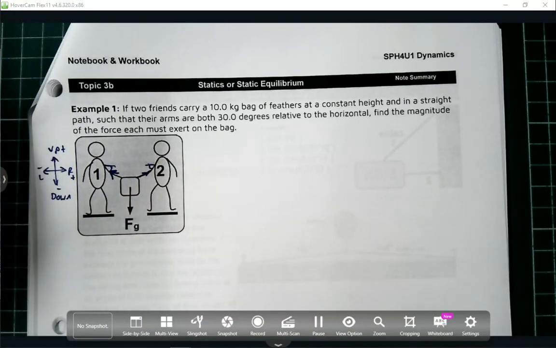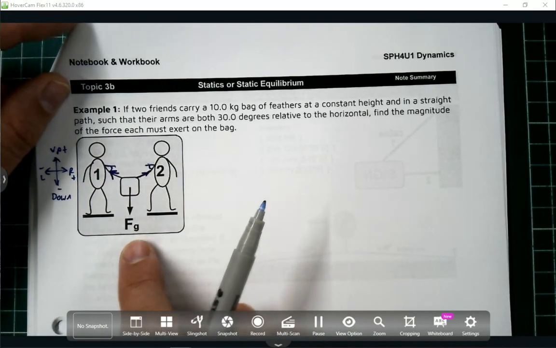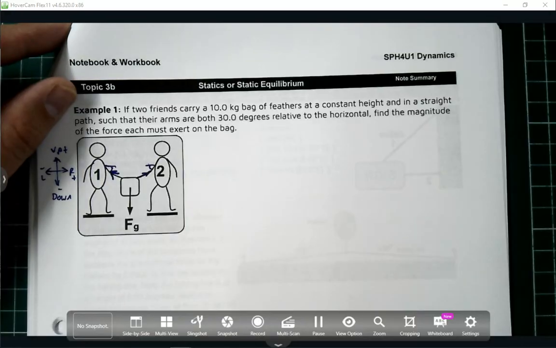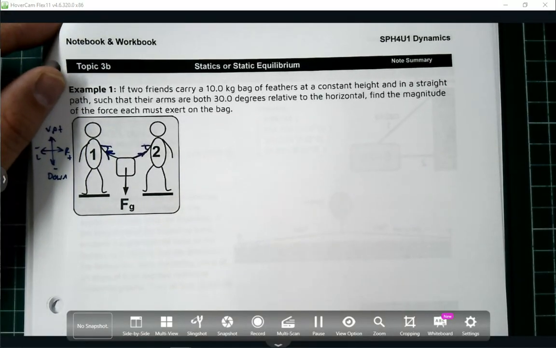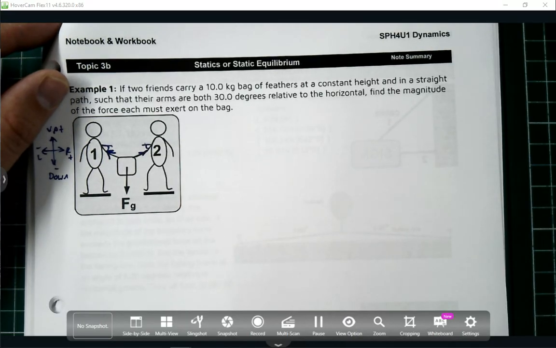All forces balanced out. And while we're going to talk about it in terms of carrying a bag first, this is something that's important for architecture. Anybody who's a civil engineer would ideally like every point in their building to experience static equilibrium, unless we're thinking next level about how we're going to deal with earthquakes or structures that sway in the wind, which of course is a real engineering issue.